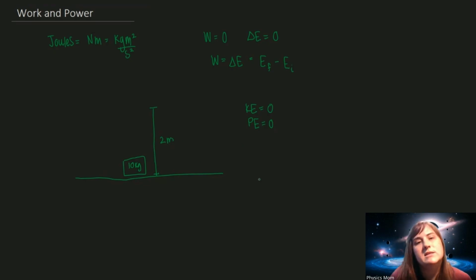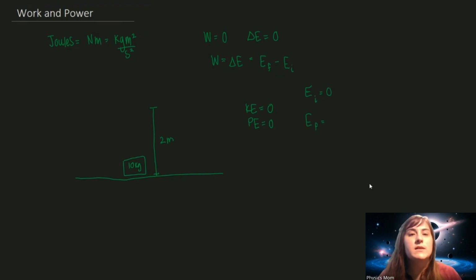And in this case, I could get the exact amount of work into the system by figuring out, okay, well, if the initial energy of the crate is 0, right? We talked about it doesn't have kinetic or potential. I can look at what its final energy is going to be. In order to lift the crate, it's going to start moving. While it's moving, it has kinetic energy.